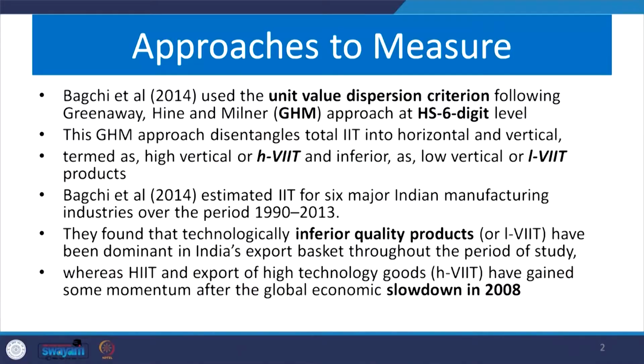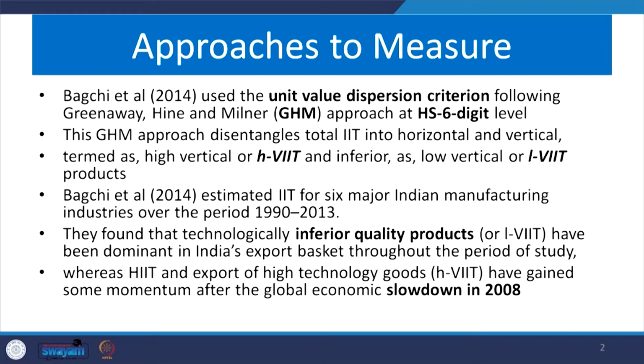So, what are the approaches? What kind of approaches have been followed so far? One by one, we have already explained this particular slide, but it is better to start with it once again, because this has connection to today's lecture. We said that in 2014, especially in Bagchi's article, which followed the HS 6-digit classification of industries of India, they used the unit value dispersion criteria, following which the GHM approach was developed.